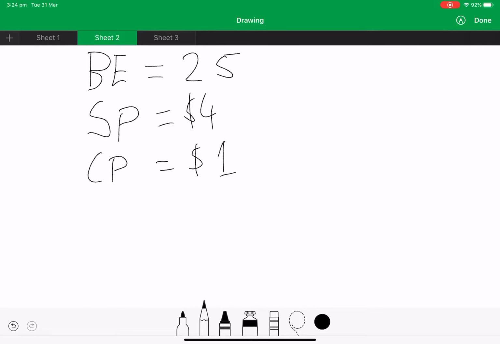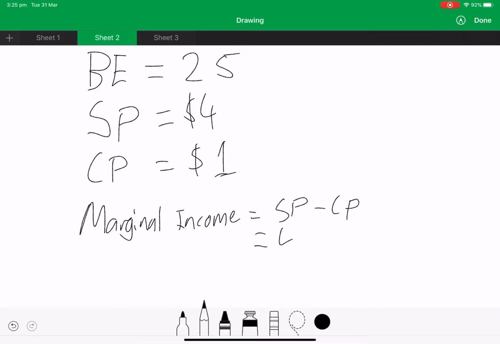Now, marginal income is the difference between selling price and cost price. So marginal income equals my selling price take cost price, which is 4 take 1 equals $3.